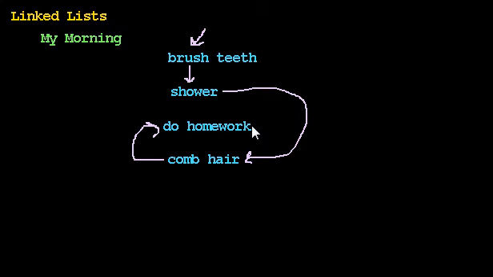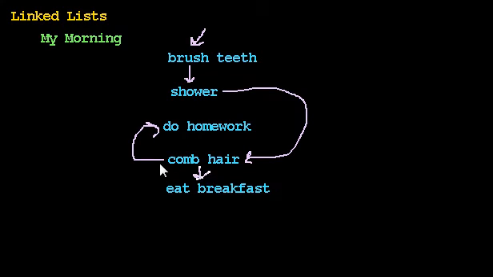Let's add some more things. I eat breakfast. And I actually eat breakfast after I comb my hair, but before I do the homework. I save my homework for the last minute. I want to be well nourished before I start my homework. So I comb my hair, then I eat breakfast.